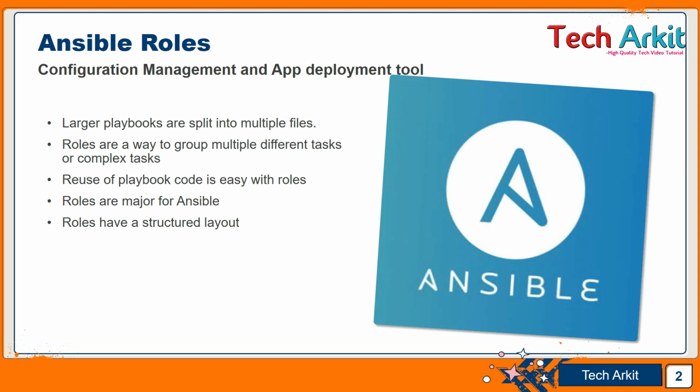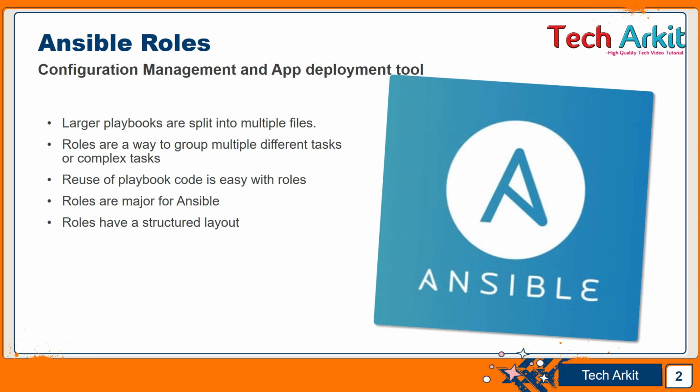Whenever you split the playbook into multiple pieces, it makes it easy to write the code in just a few lines instead of many lines. Reuse of playbook code is also easy: whenever you want to deploy something with the same role code, or modify it, you can simply use or modify that role.